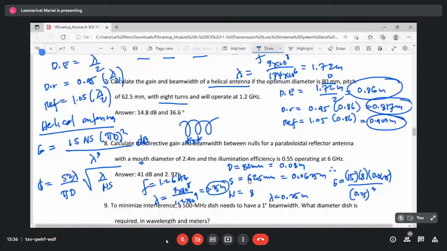So that is, ano ba yung d natin? 0.08 pi square. So ilan yung gain mo dyan? What is 15 times 8 times 0.0625 times 0.08 pi, square, all over 0.25 cube. So, naka-dB na yan.